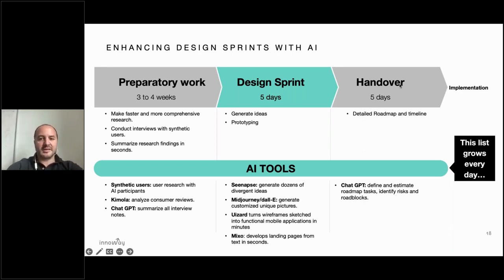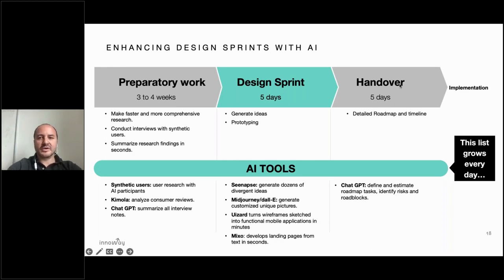Still in beta state, but these are the things that in the future we should expect to speed up the whole process. Other examples, you have Kimola, where it can summarize the different feedback of your current products in different platforms. You can also use ChatGPT to ask them certain questions.